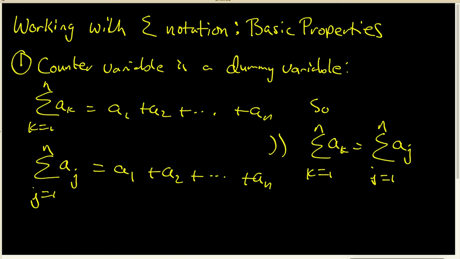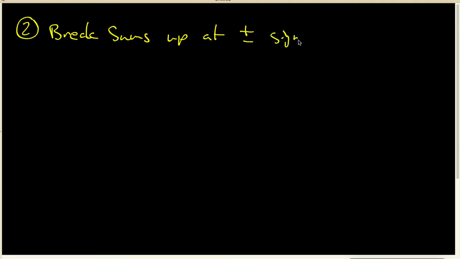The second property that I want to think about is that we can break sums up, and we can break them up at plus or minus signs. Suppose I have the sum as k goes from 1 to n of ak plus bk.